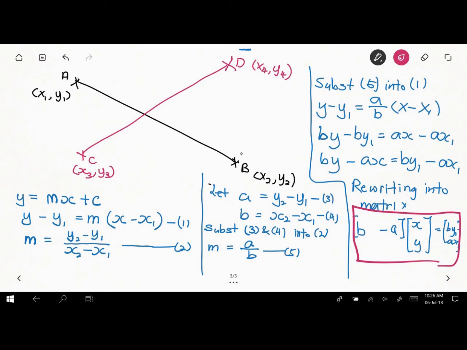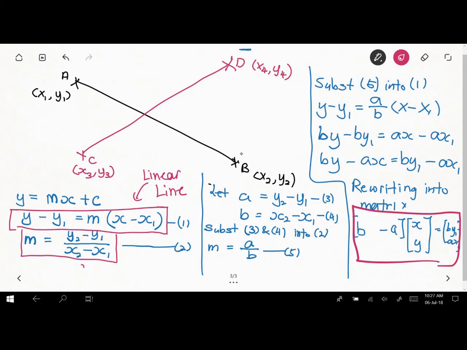The main bulk of the equation comes from here. This is the standard equation for lines, and this is the equation for gradient. The rest, A and B, are just supporting variables so that when we do it later in the computer, it's easier to represent all these things.